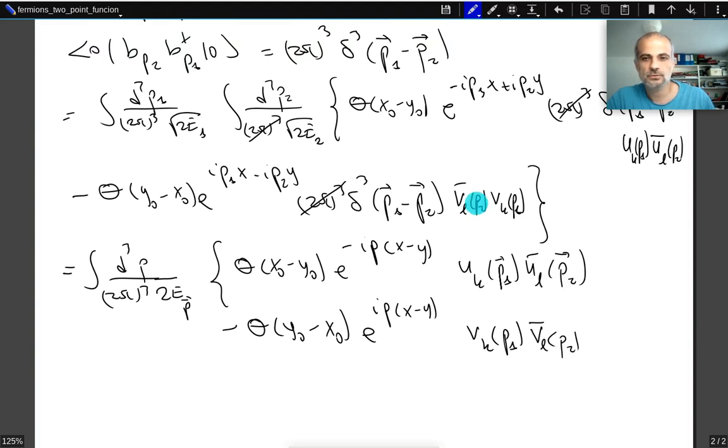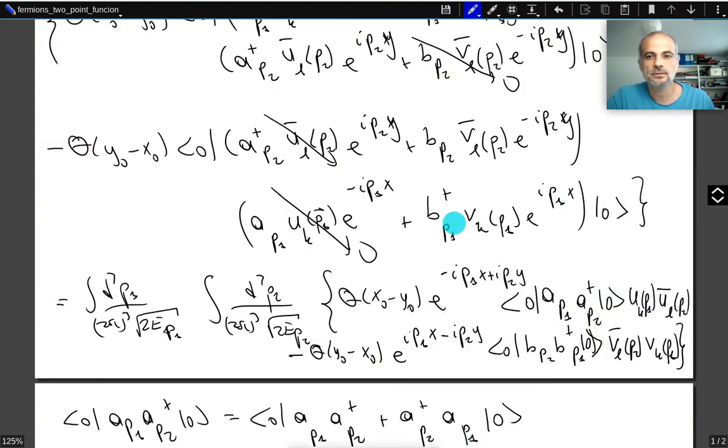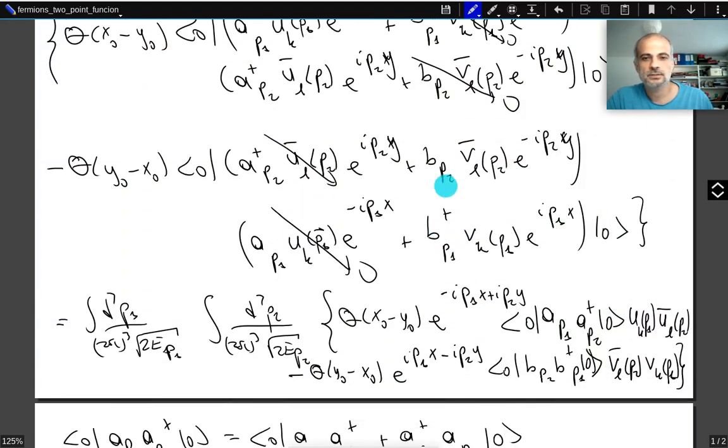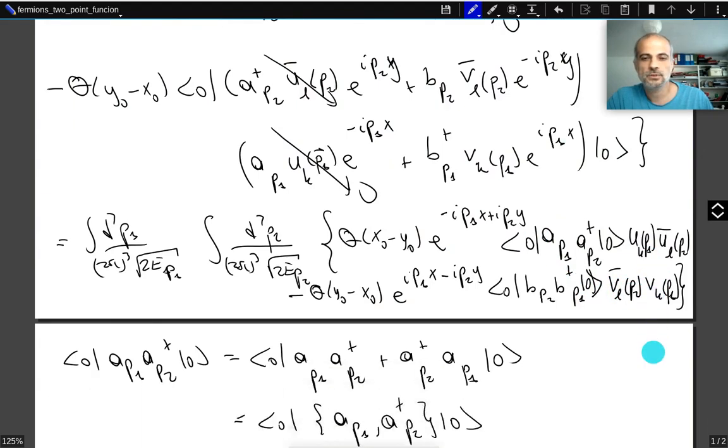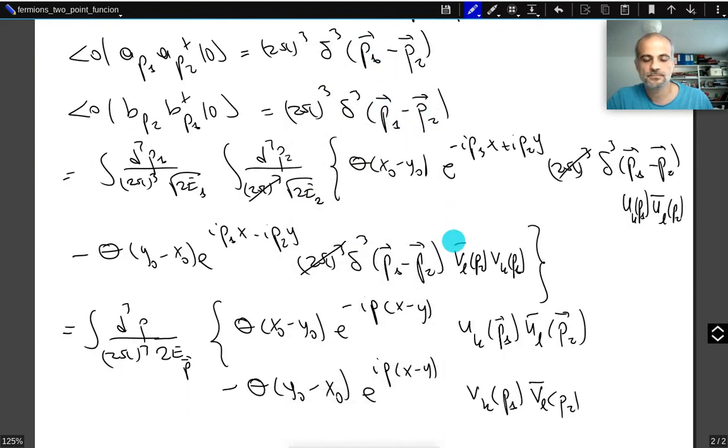Let me check the indices to make sure they are correct. I see here v̄_l(p2), v_k(p1). Yes, the indices are correct.